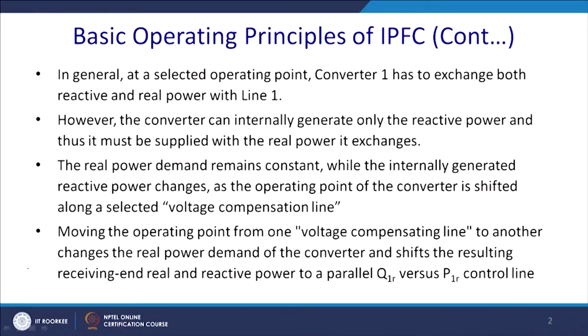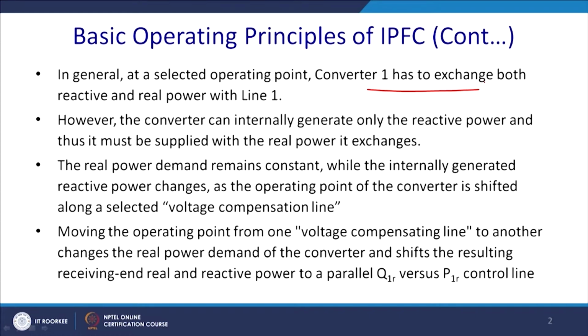So, on AC flexible transmission system, we shall continue with the operating principle of the IPFC. What we discussed in our previous class is that, in general, at a selected operating point the converter has to exchange both reactive and real power with line 1.